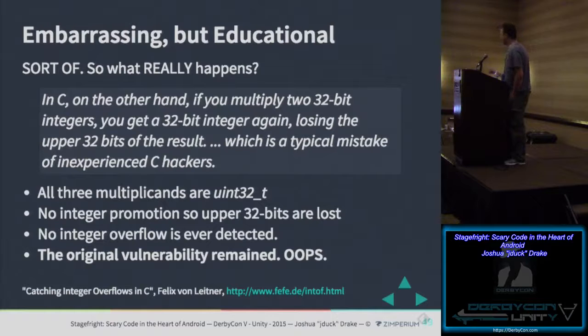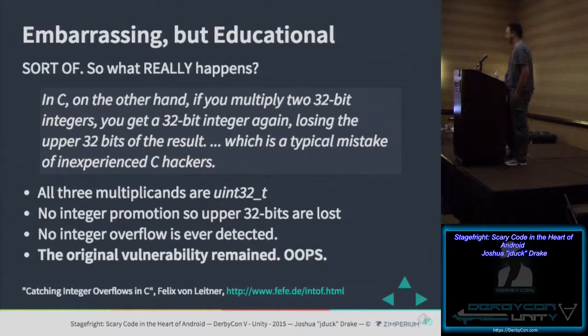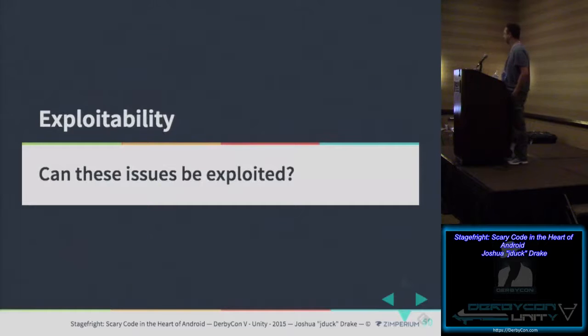It just made an integer overflow occur twice, once for the check and once for the allocation. So we got that one. Anyway, that's embarrassing but educational. This is a very weird quirk, for sure, and C and C++ are full of weird quirks like that.